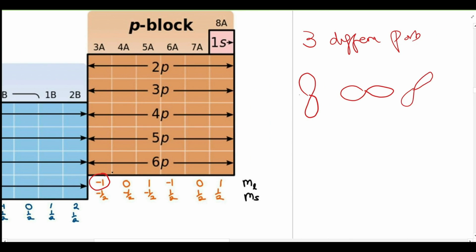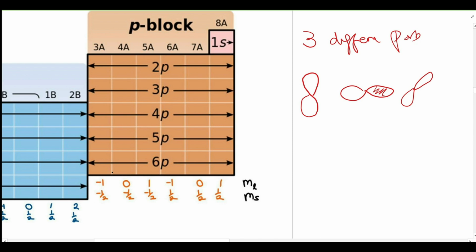But that so far only tells us the 3 different orbitals, and you can see that they're pointing in different directions. Hence, there are 3 different ml values, so that's the magnetic one. But how does the ms value come into play for all of these orbitals? For each one, there are actually 2 of them. There's a positive 1/2, as well as a negative 1/2.